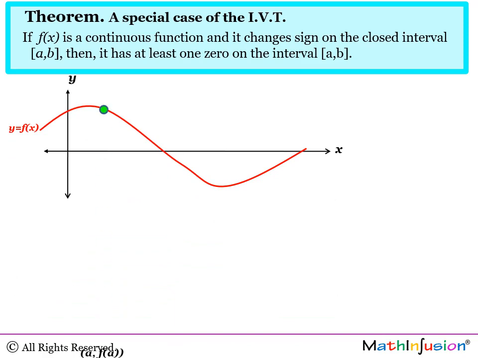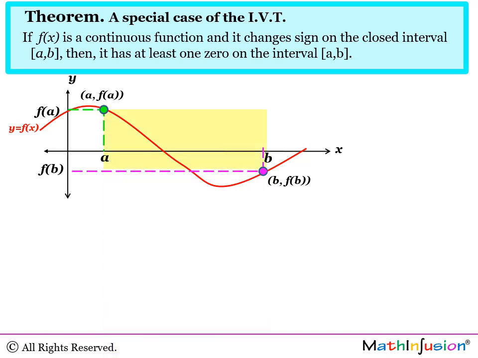Let's take an example. Here's the point A, f(a), and now I'm taking the point B, f(b), and as you can see, the function is positive at f(a) and it's negative at f(b). By the intermediate value theorem, because the function is continuous on the interval [a, b], it must cross all the values between f(a) and f(b).